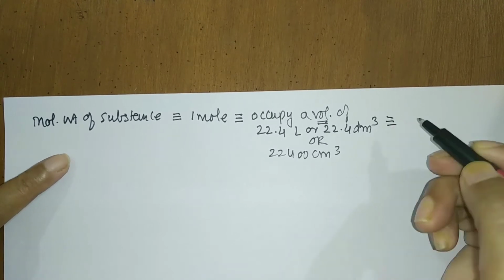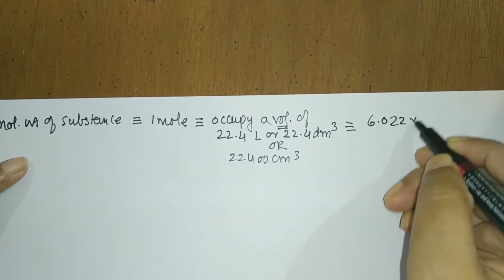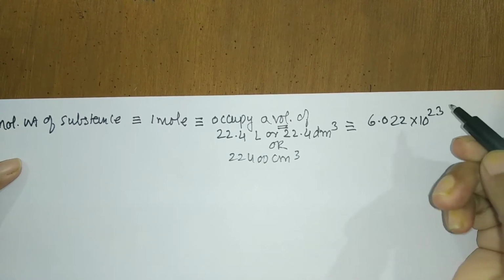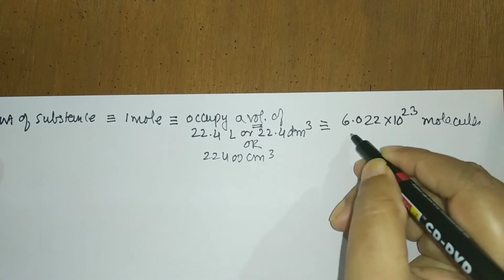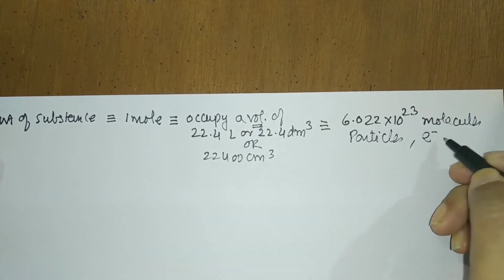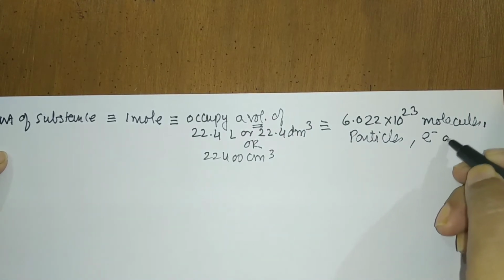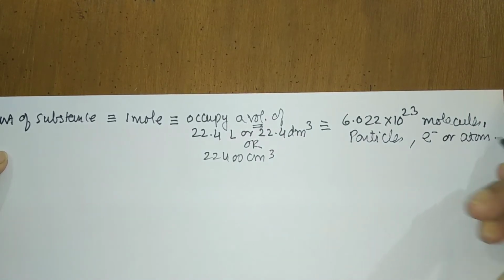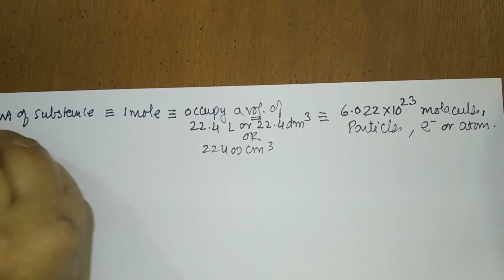It must contain Avogadro number, that is 6.022 into 10 raised to 23 molecules, particles, electrons or atoms. So students, if you know this statement, then the calculations will all be very, very easy.